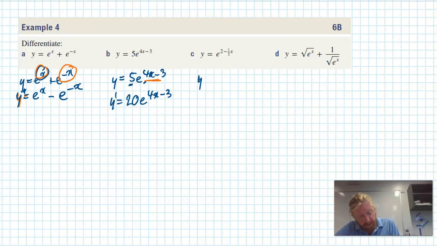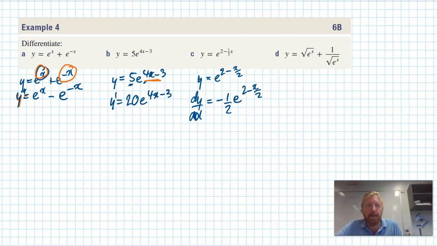I'm going to start writing dy dx because I keep forgetting my y dash. y equals e to the 2 minus x on 2. dy dx, the derivative of this guy here is minus a half, e to the 2 minus x on 2. That exponential function stays the same. Next, I've got y equals, I'm going to write it all in with powers instead of surds.